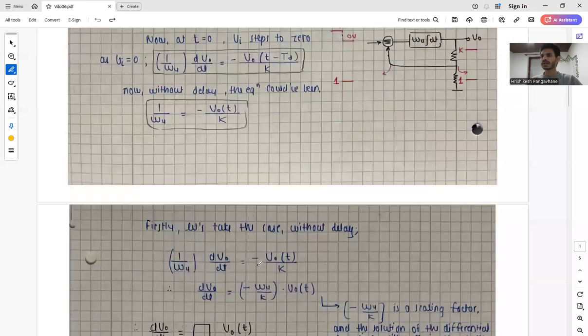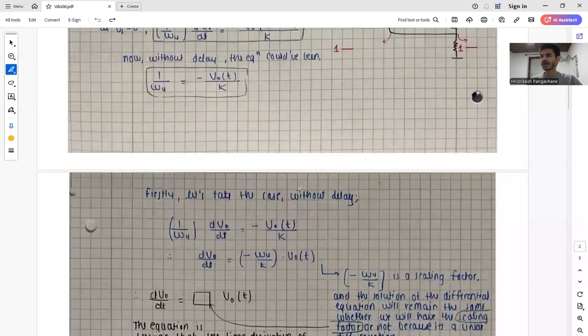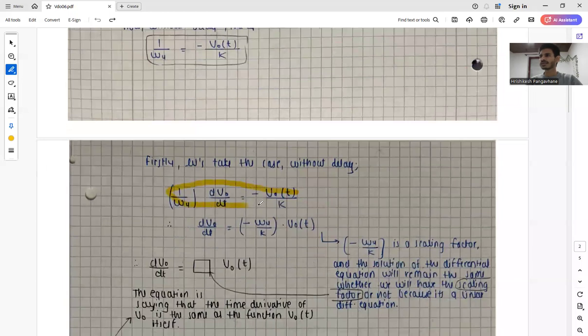Firstly, let's take the case without delay, with v in as 0. From this equation, we can write it this way, where this factor is called a scaling factor. The solution of the differential equation will remain the same whether or not we have a scaling factor, because it's a linear differential equation and that's how it behaves.